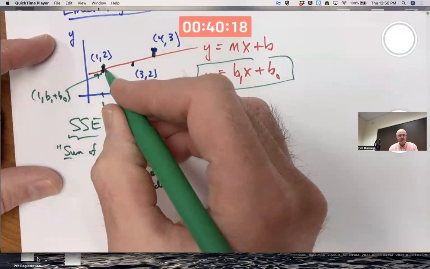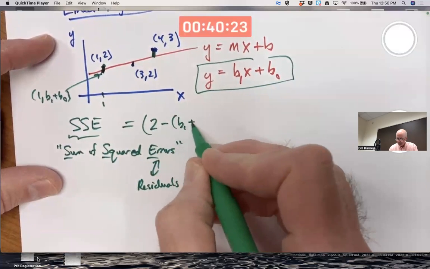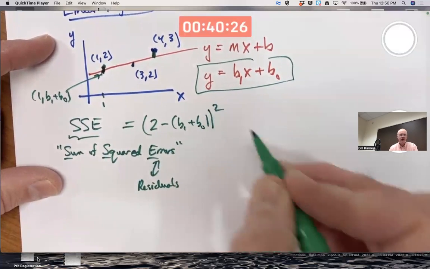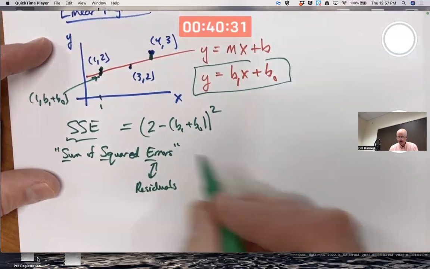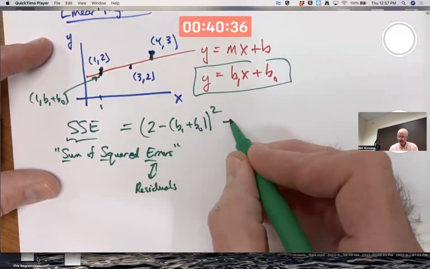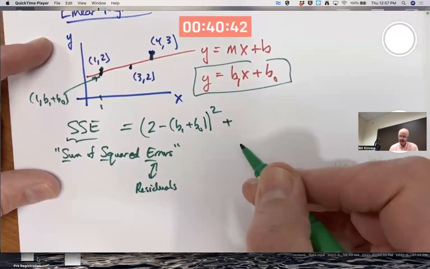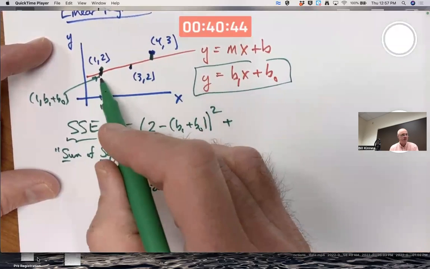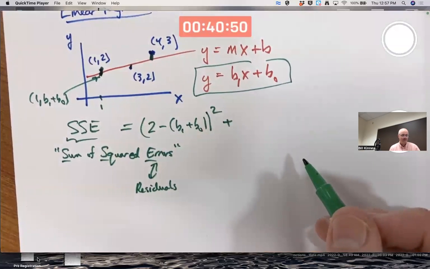So this vertical distance, if indeed 2 is bigger than that, is 2 minus (b1 plus b0). I'm going to square it, so it really doesn't matter if 2 is bigger or not. I could write it the other order because I'm squaring it. That's a squared residual, a squared error in using this red line when x equals 1 to approximate the data point second coordinate of 2. We're trying to use the red line to approximate the data, to model them.